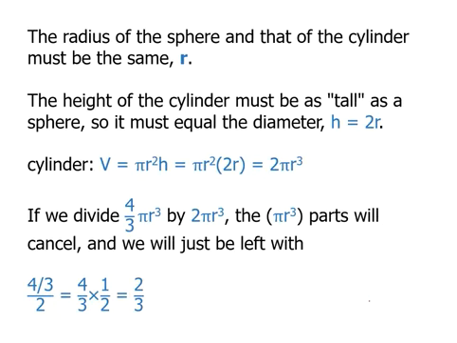So that's the answer. The sphere takes up 2/3 of the cylinder. And in fact, a cool historical fact, that diagram of a sphere inside a cylinder was the diagram that appeared on the tombstone of the great mathematician Archimedes.